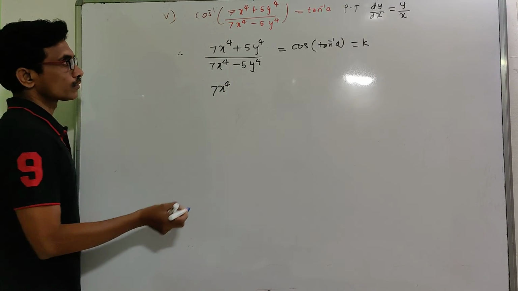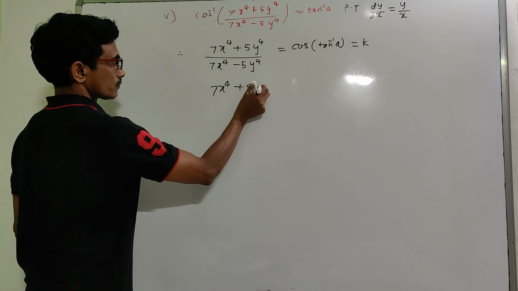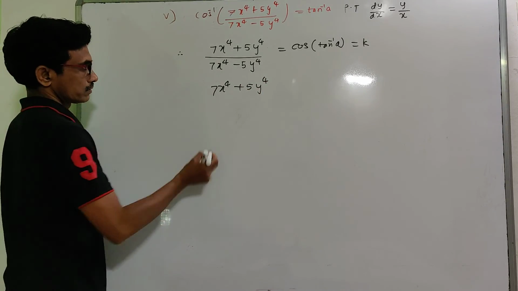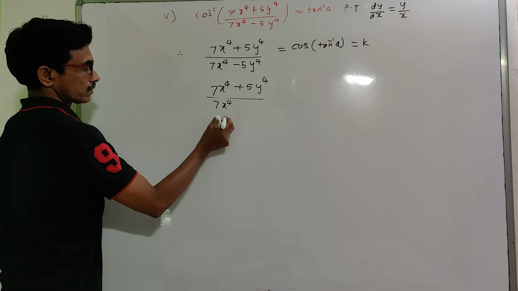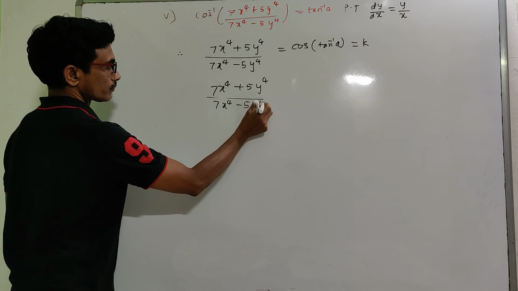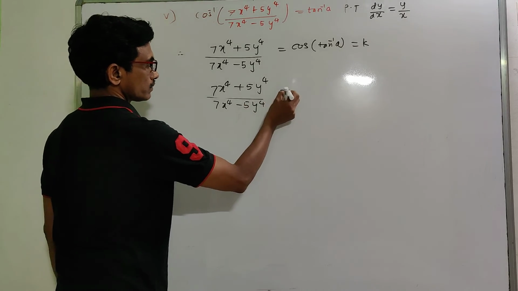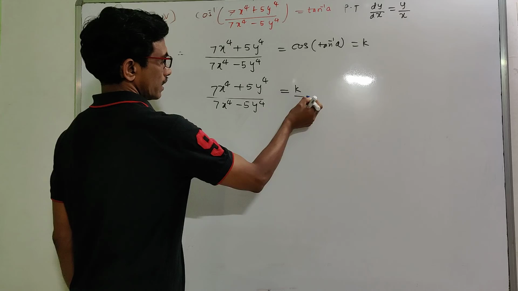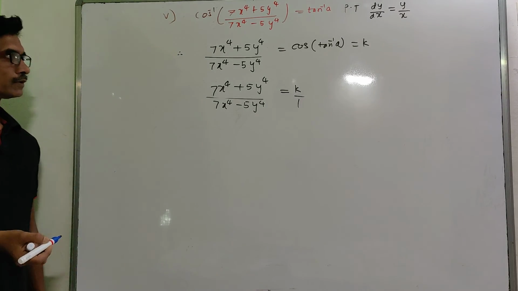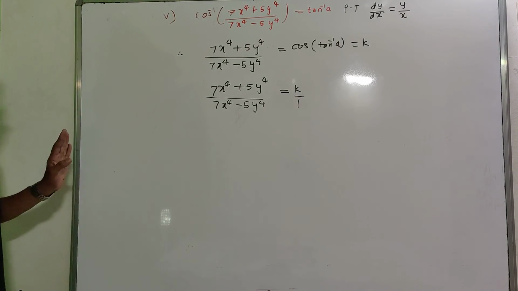That means (7x to the power 4 plus 5y to the power 4) upon (7x to the power 4 minus 5y to the power 4) is equal to k here. So that we can write as k upon 1. Now again we use componendo dividendo.